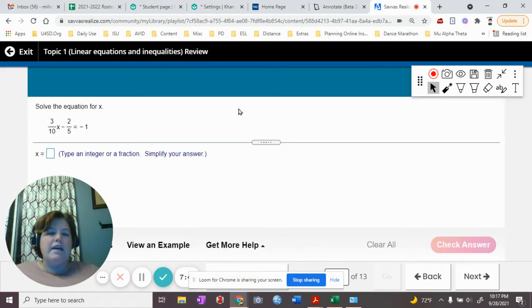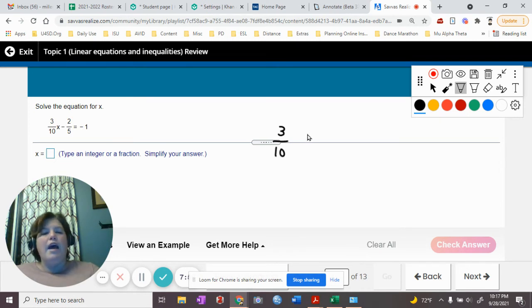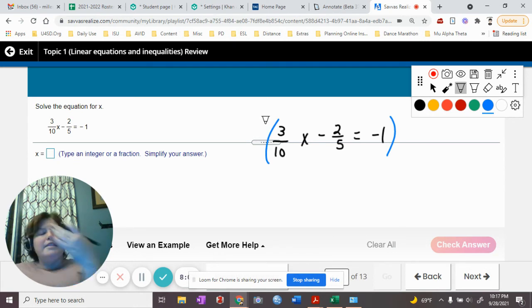Let's look at one that's a little bit harder. 3 over 10 x minus 2 over 5 equals negative 1. I am going to simplify this one a little bit differently because to simplify this, I'm going to get rid of my fractions.